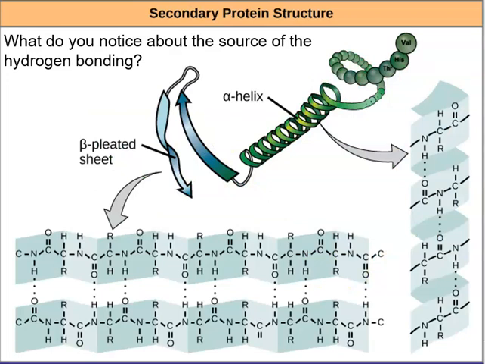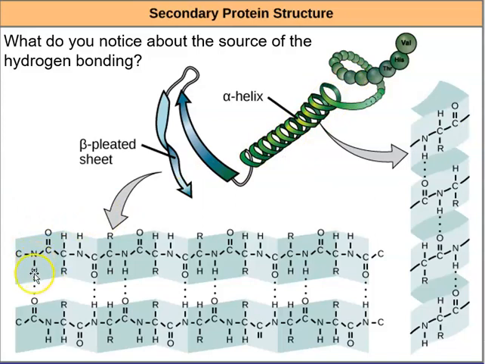You kind of see the difference here. You can see on the bottom these pleated beta sheets, and they're long. They form generally these long sheets of peptides, whereas the alpha helices do a turn, they do a spin, and they create these more tube-like helix shapes that remind you more of DNA.